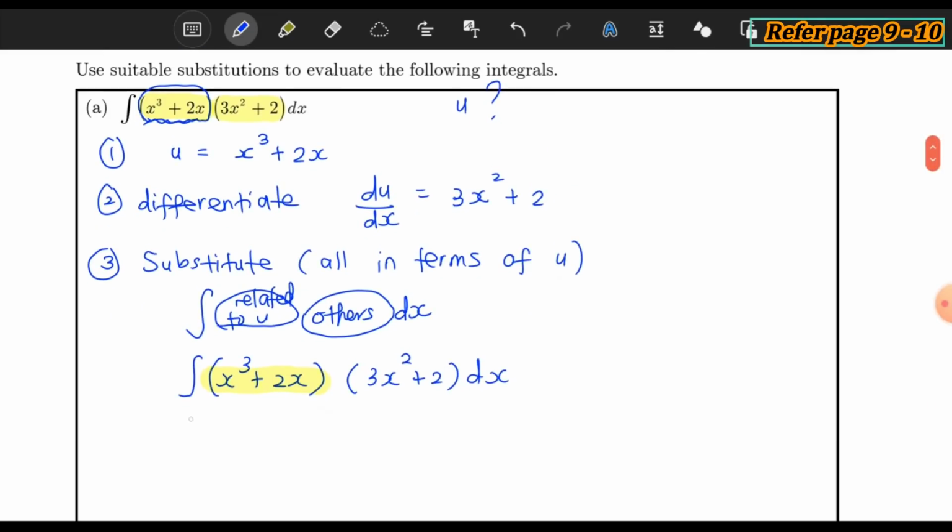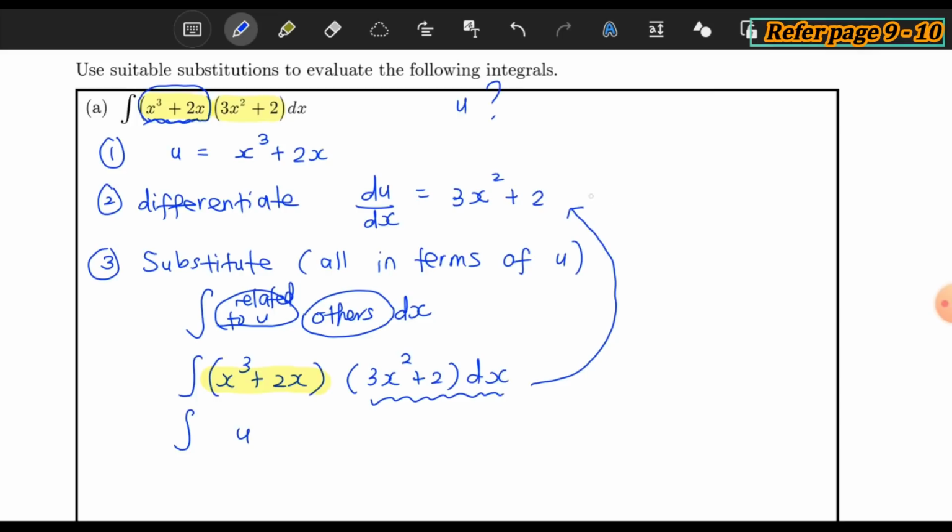Now we will substitute all in terms of u. So this is u. And the next part here is related to your differentiation.